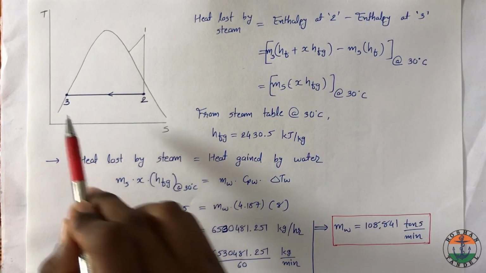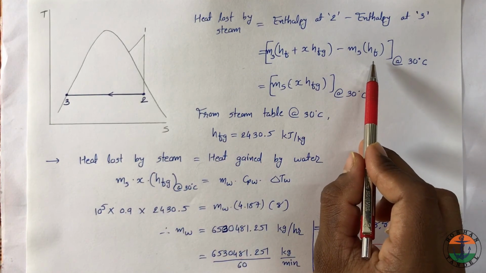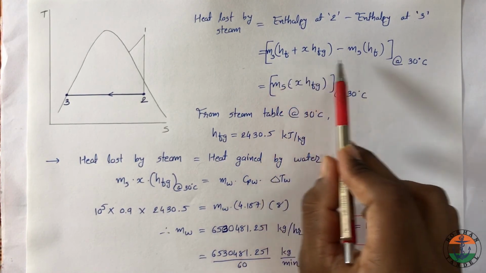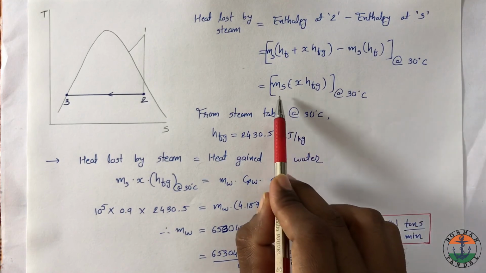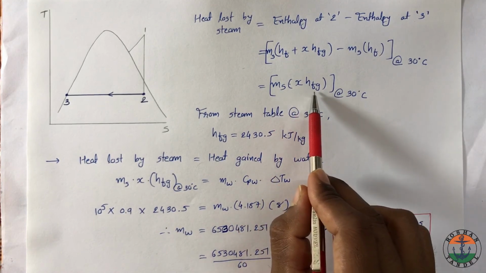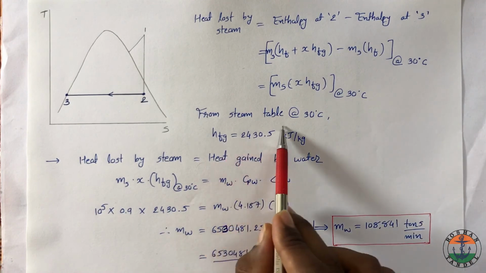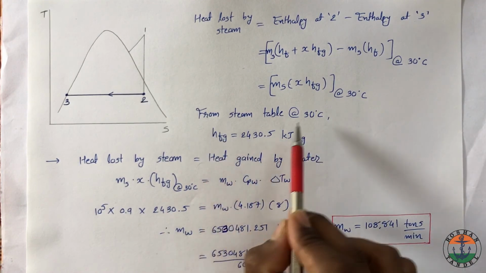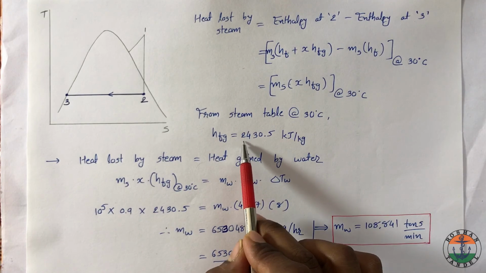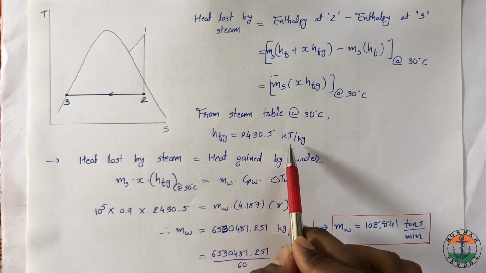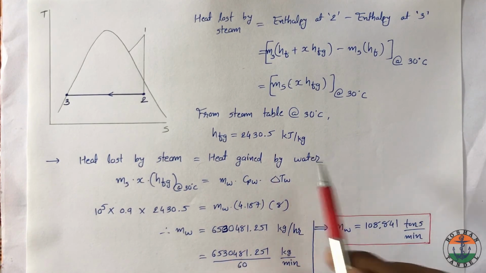And for point 3, you have to consider HF only. So, MS HF will get cancelled out. You will get only MS into X into HFG at 30 degrees Celsius. From the steam table, you can find HFG at 30 degrees Celsius is equal to 2430.5 kilojoule per kg.